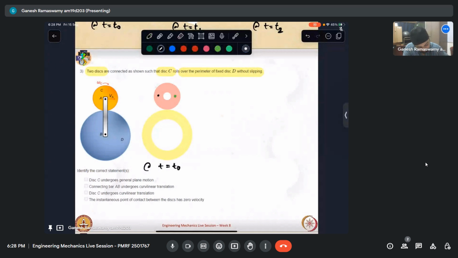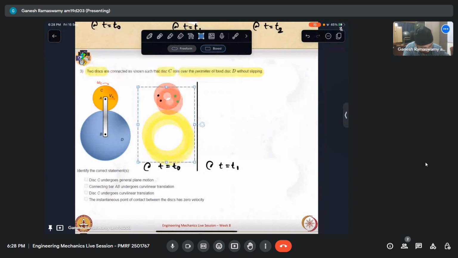Now at some other time, at t equal to t1, what is the case? It would have moved here and it would have rotated like that. Now we can clearly see when we mark 2 points on that disk, how they move.